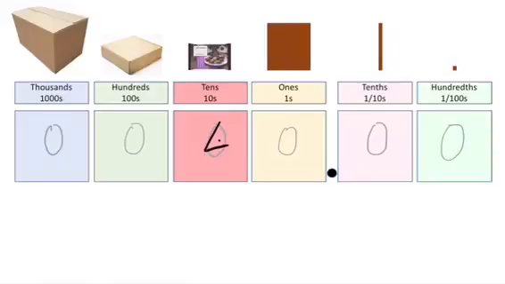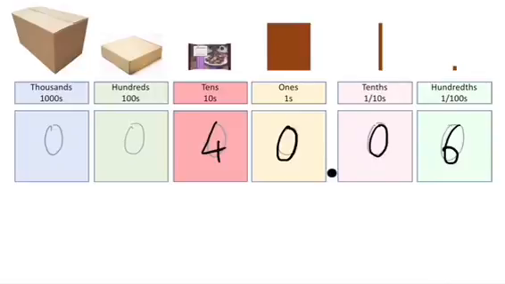So 43 is no thousandths, no hundredths, 4 tens, 3 ones, no tenths, and no hundredths. .37 is no thousandths, no hundredths, no tens, no ones, 3 tenths, and 7 hundredths. 40.06.